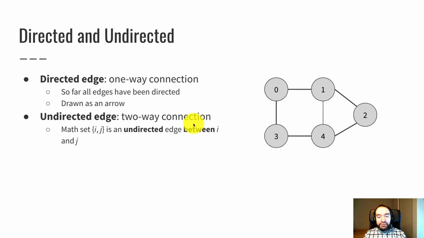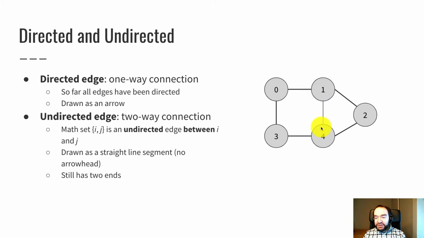For that reason, we use the word between. With a directed edge, we say a directed edge goes from a vertex to a different vertex. An undirected edge goes between two vertices. It connects them in two ways. We draw an undirected edge as a straight line segment with no arrowhead to make it clear that this is a two-way travel. It still has two ends, so this edge here between 1 and 4, the ends are vertex 1 and vertex 4.